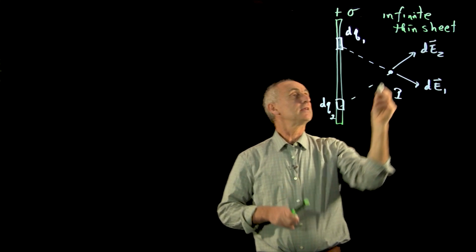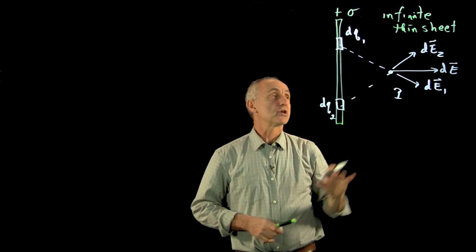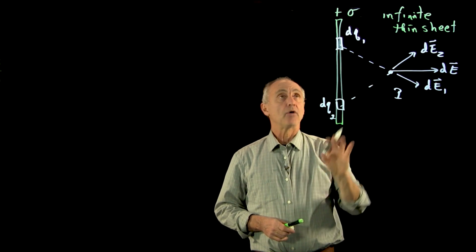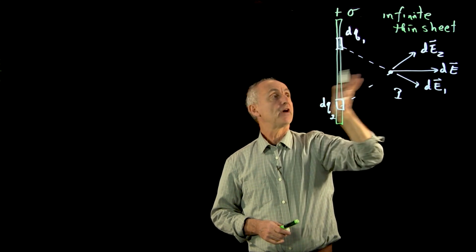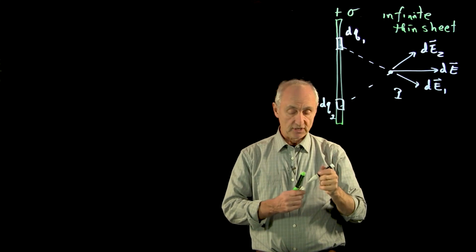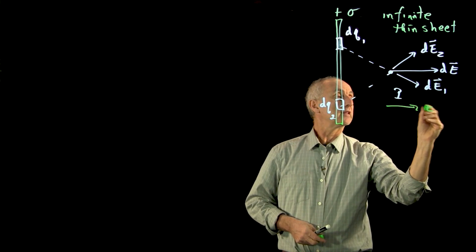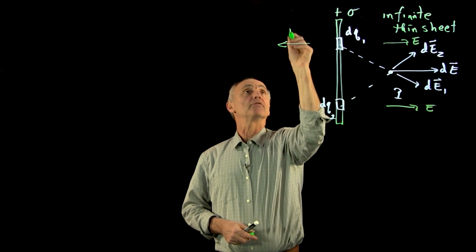When we add these together, these two pairs of charges produce a field that points away from the sheet. We can take the entire planar sheet and divide it up in pairs with a similar calculation, which tells us that on either side of the sheet, we expect the electric field to point away from this positive sheet.